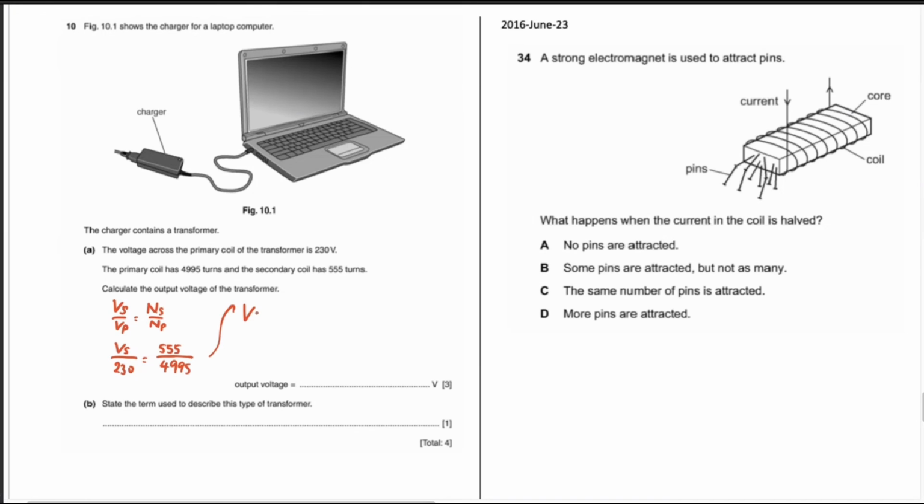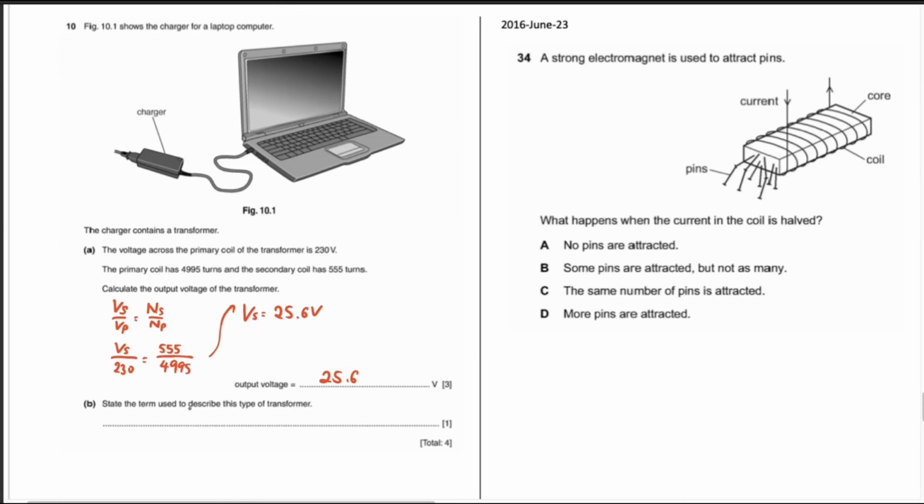Okay, then I get Vs equals 555 over 4995 times 230. Then I get 25.6. So from here you can see, oh, the laptop cannot take the high voltage of 230 volts. It can only take 20 something volts. So that's why a transformer is very important here.